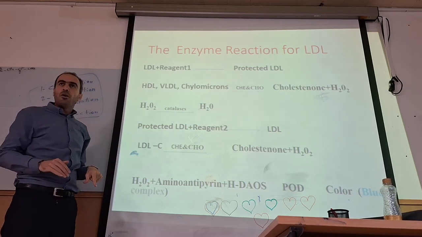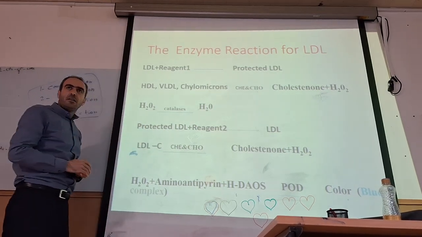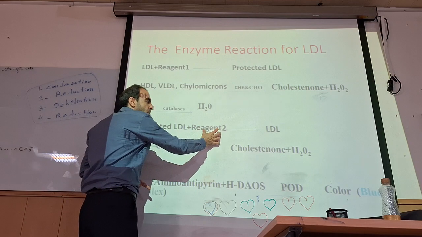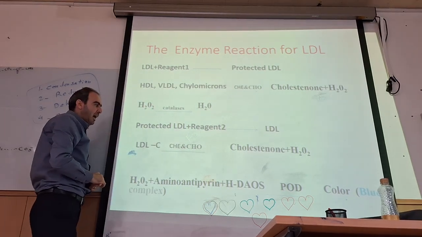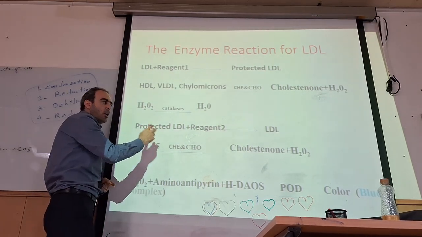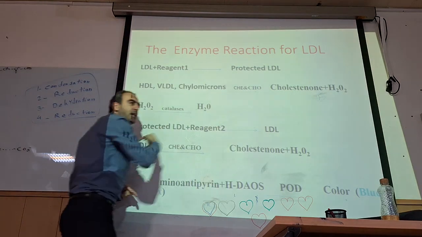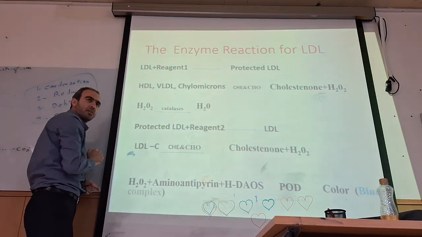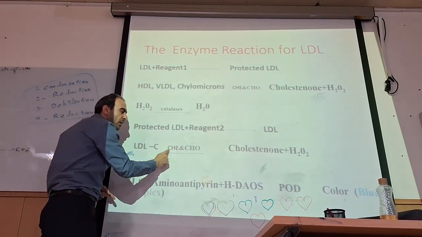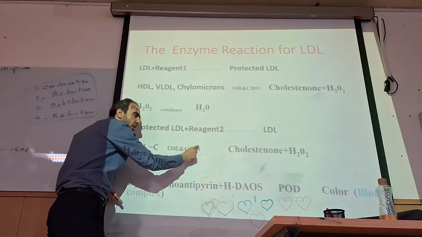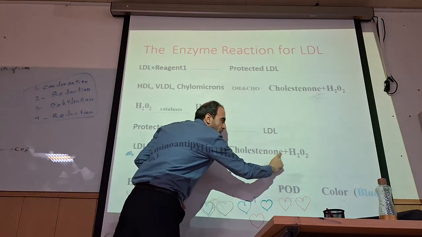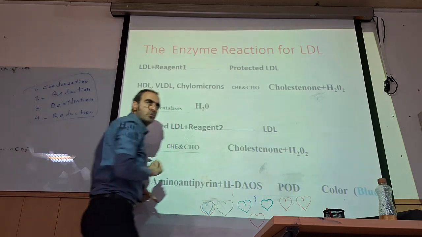In the second part, for this protected LDL, we will add reagent number 2. Reagent number 2 destroys the LDL particle and releases the cholesterol. This cholesterol, again by cholesterol esterase and cholesterol oxidase, produces cholesterol and H2O2.